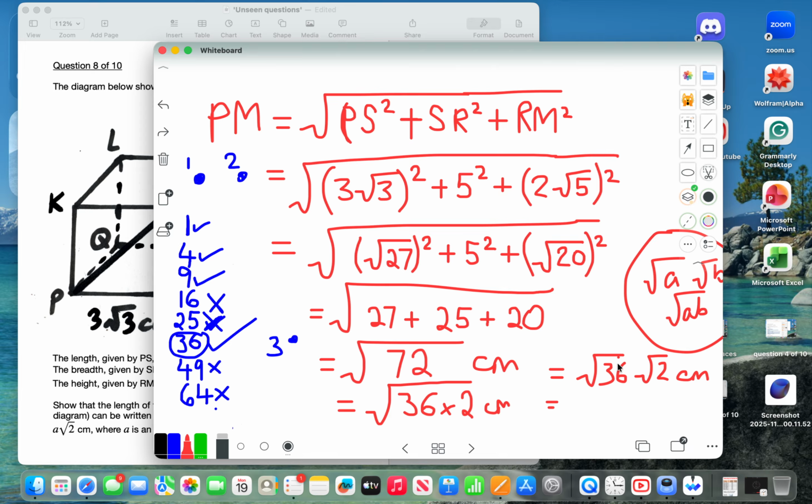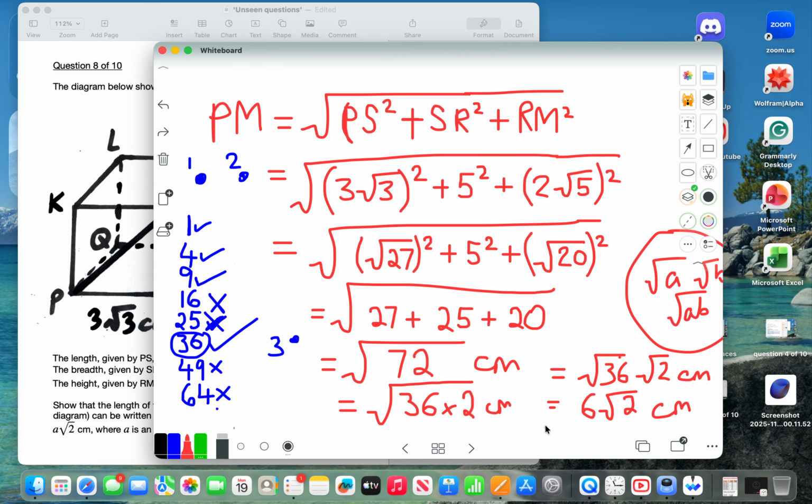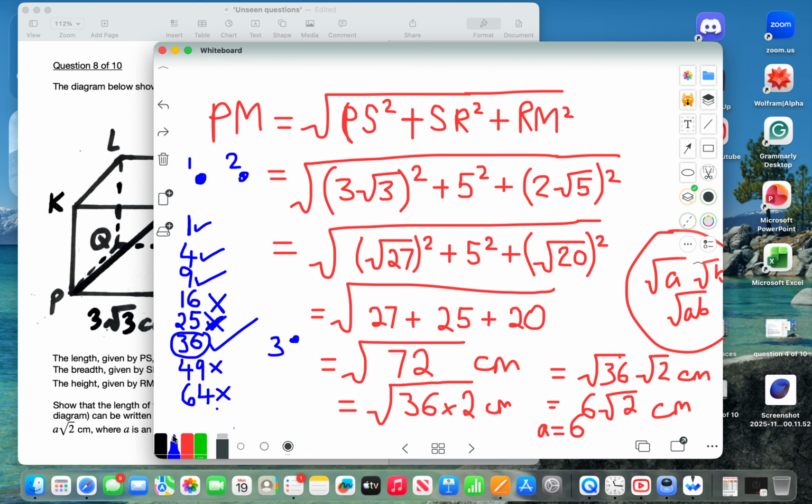Well, the square root of 36 is just 6. So we get 6 root 2. And in the form a root 2, a equals 6. And you have to include the a equals 6 part, because the question asks you to state the value of a. And that is the fourth mark.